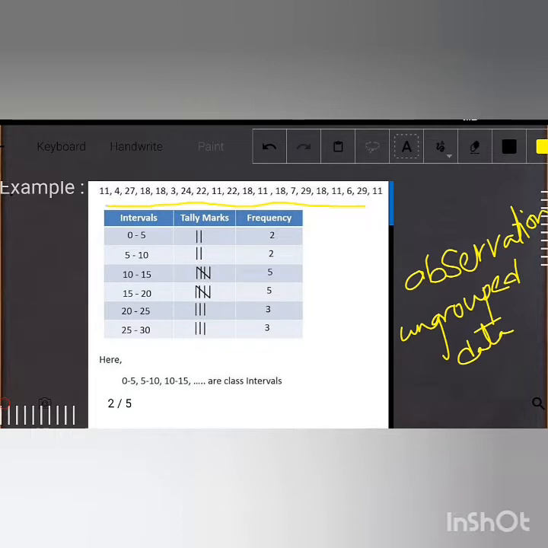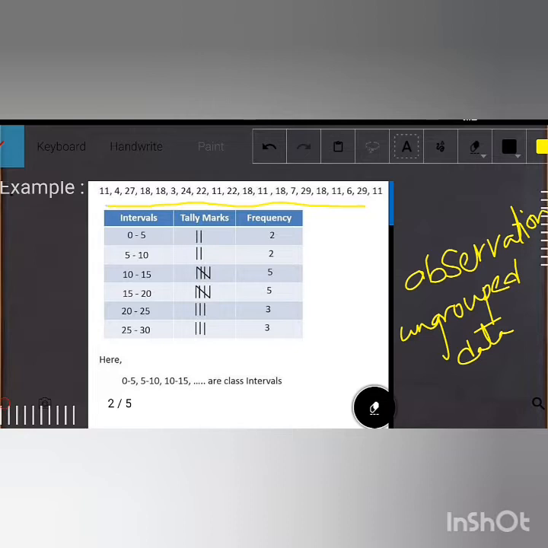For example, if the given observations are grouped like 0 to 5, 5 to 10, 10 to 15, 15 to 20, 20 to 25, 25 to 30. Here the numbers are grouped.